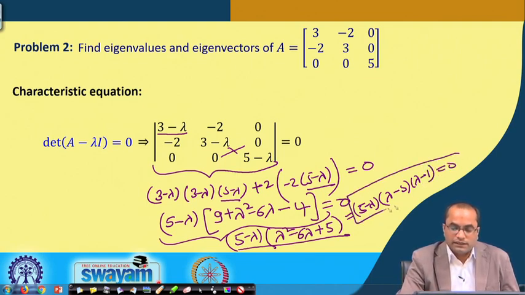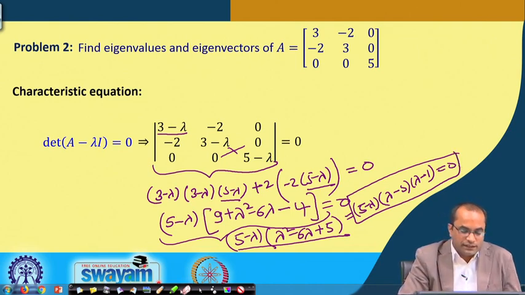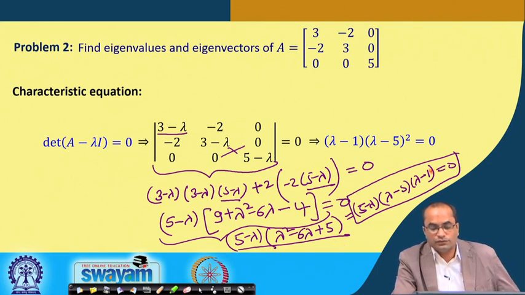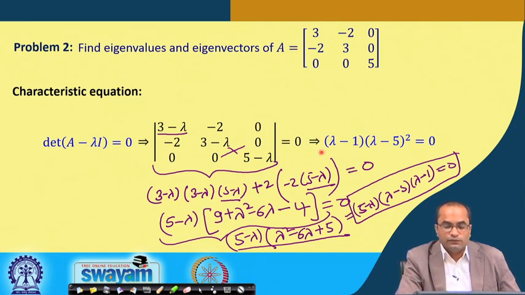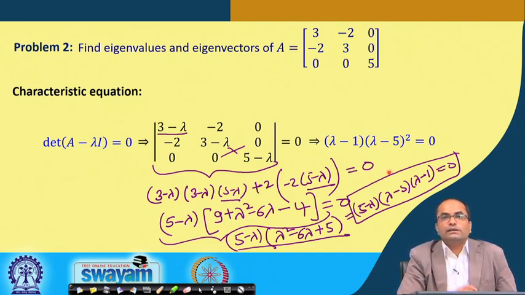That is the characteristic equation. From there we can get the roots of the equation. So, we have lambda minus 5 whole square, and lambda minus 1, the other factor.